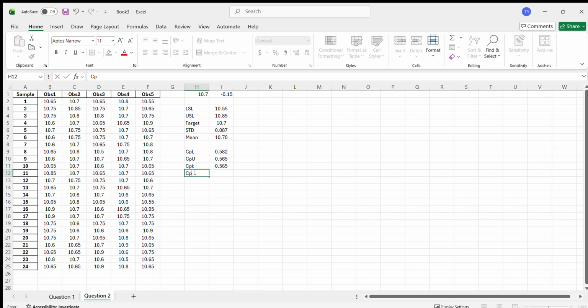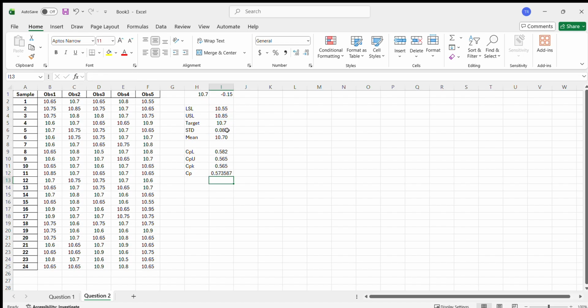The equation is your upper specification limit minus your lower specification limit, over, so instead of 3 sigma, you're doing an entire 6 sigma, multiplied by your standard deviation.